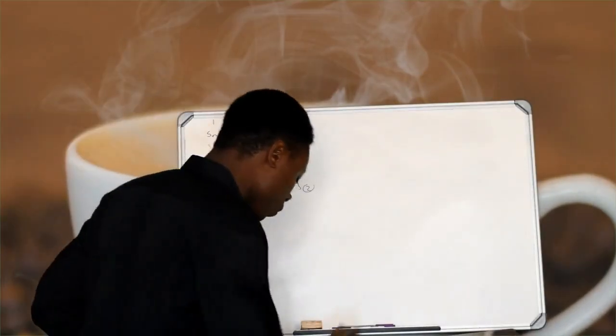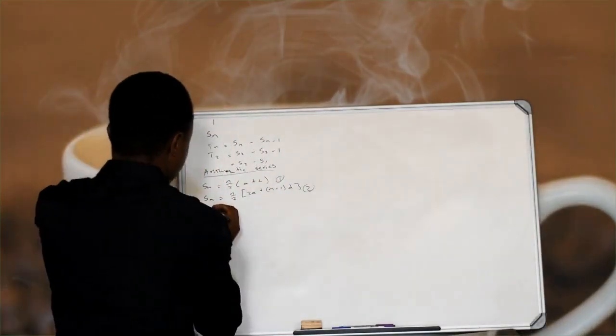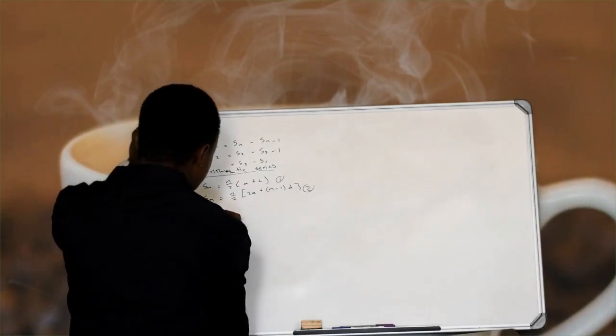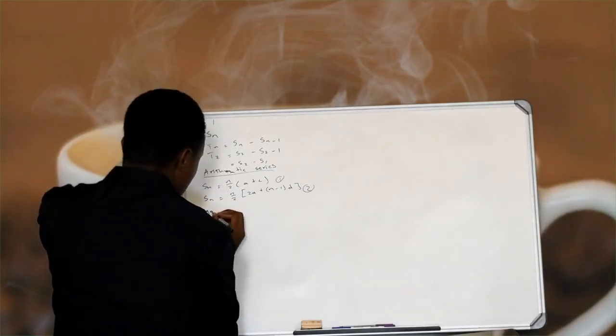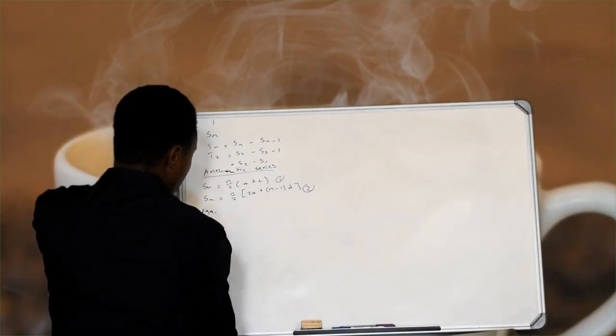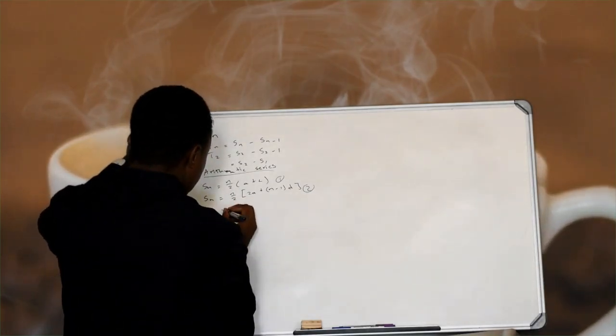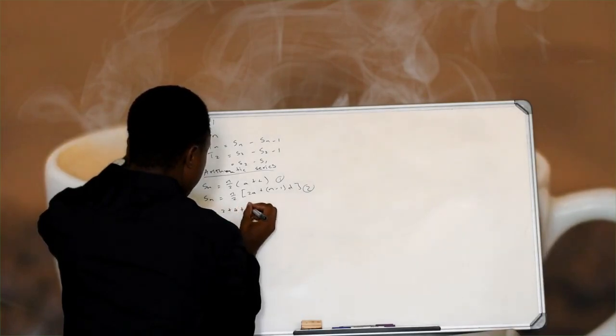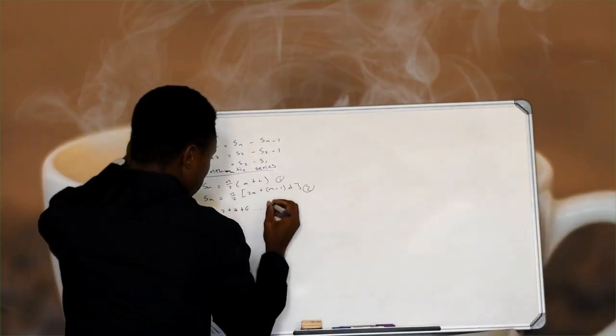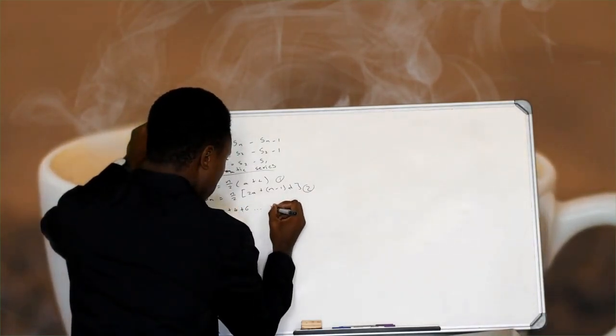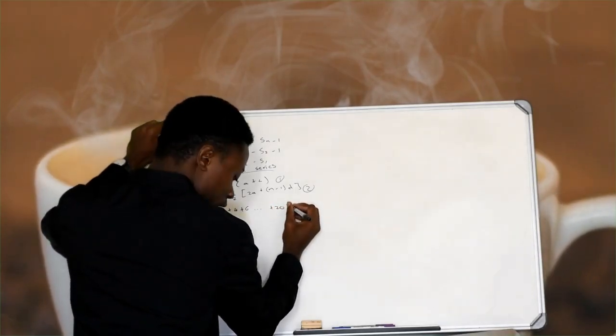So example 1 would be, let me write both examples. Call it example A and B. Example A says 2 plus 4 plus 6 and so on, and then they say find S20, the sum of 20 terms.